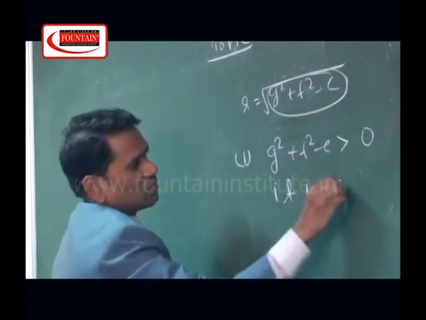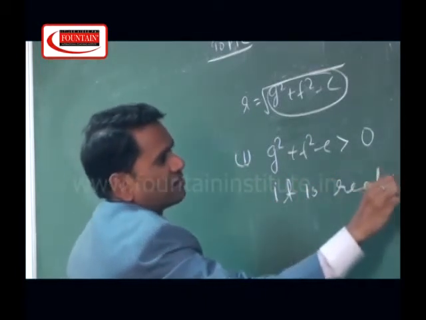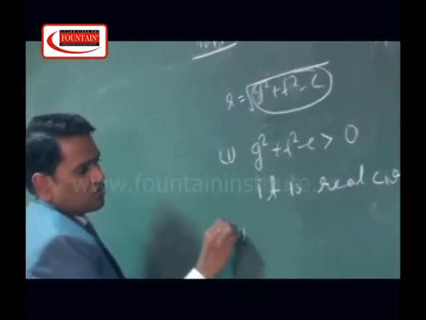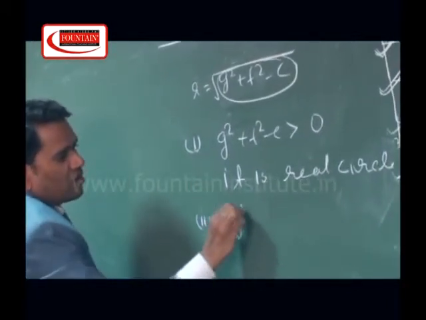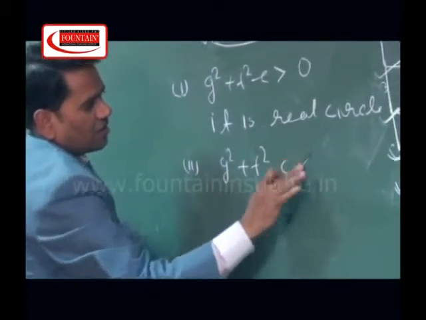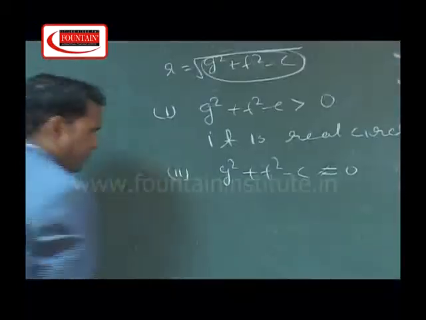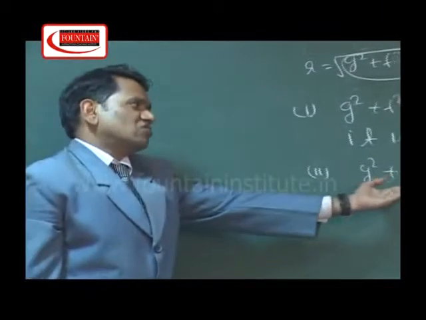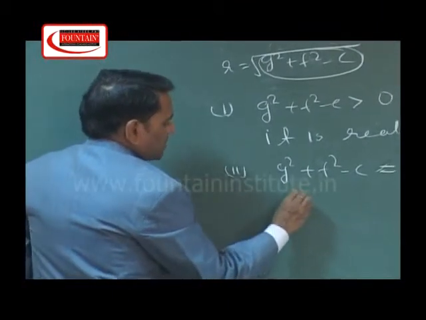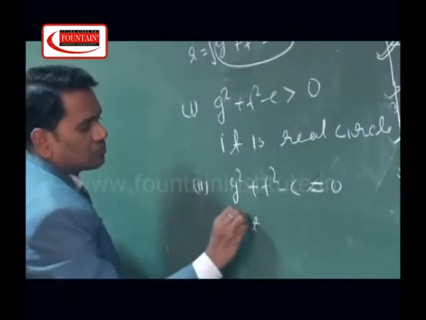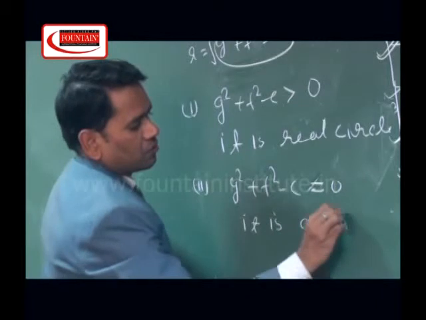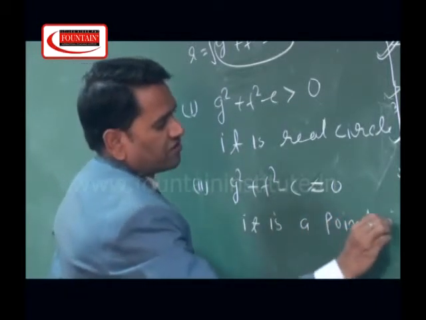Case 2, when g square plus f square minus c is equal to 0, that means whose radius is 0, that means it represents a point circle. It is a point circle.